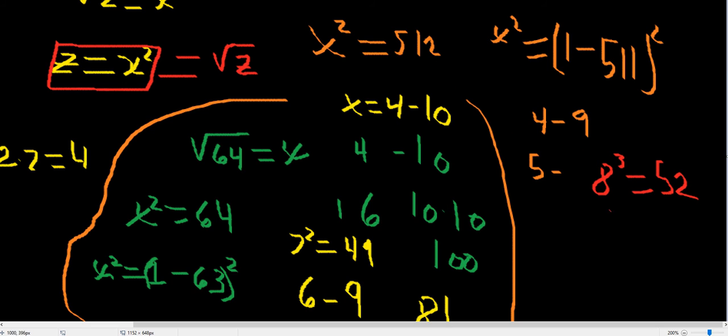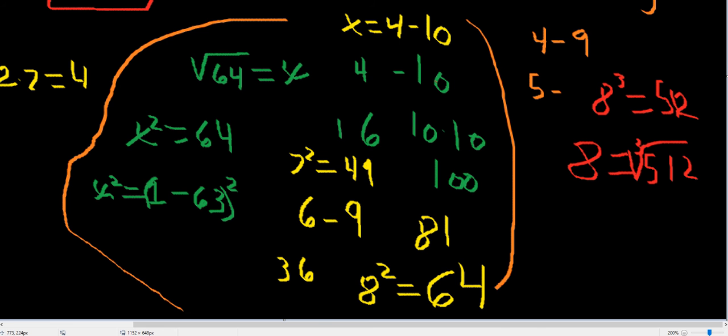Okay, so 512 is the answer, and 8 is the answer to the cube root of 512.